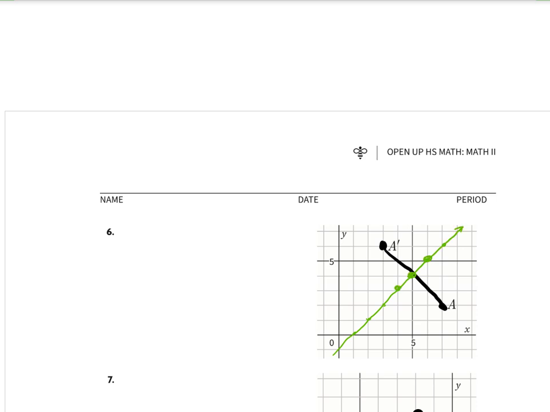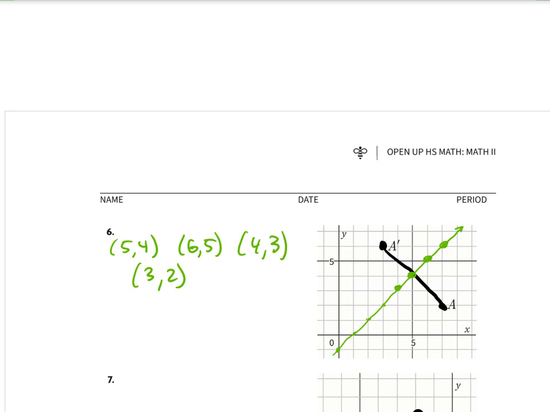So all of these points right here on this line are going to be okay. So we got, let's start with 5, 4 is good. 6, 5 is okay. 5, 4, 3 and 3, 2.